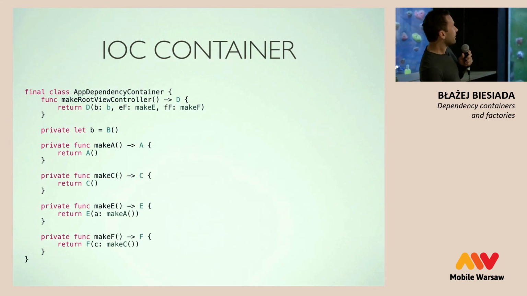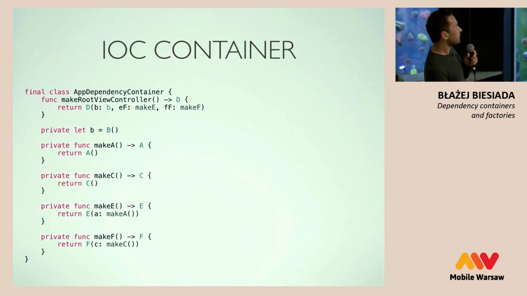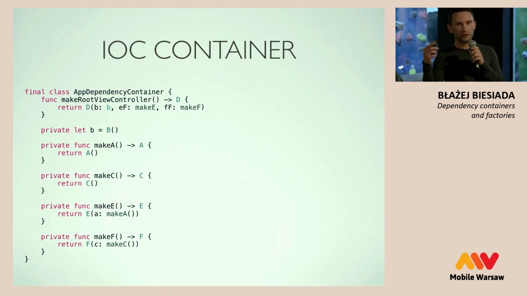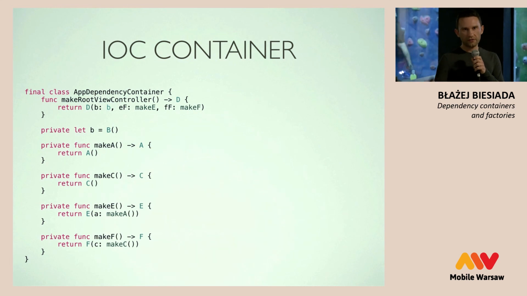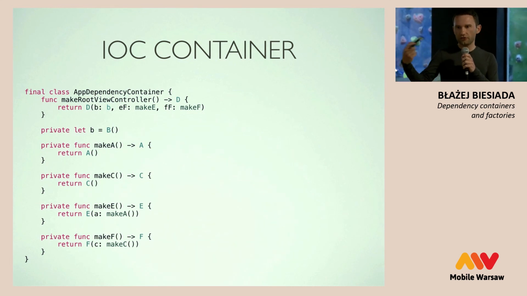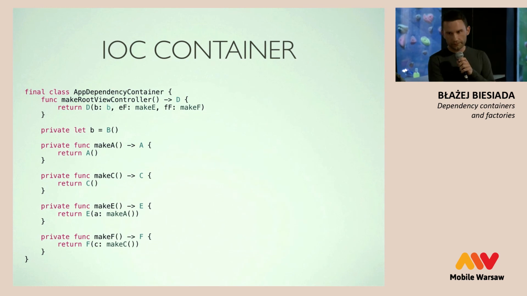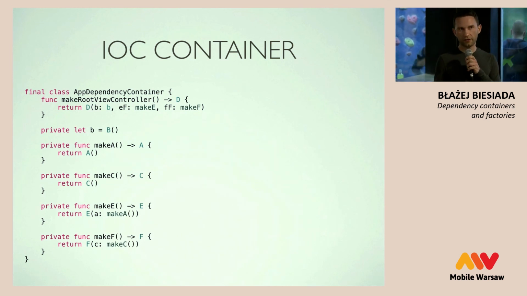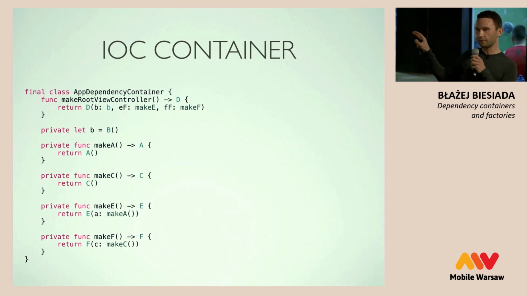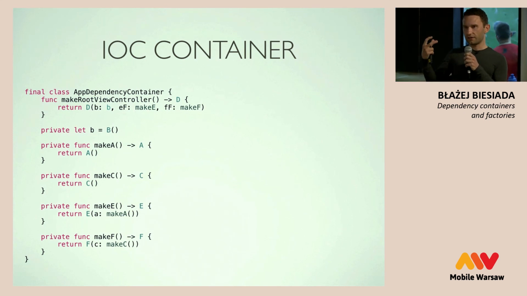And then you would be injecting not a method with a signature taking void and returning D. You would be injecting a method with a signature that takes some input data and returns E. And that's it. Then your root view controller would be holding that factory method which takes an argument. And at some point of its lifetime, that root view controller would just call that method and provide that selected item to the factory and get the object.